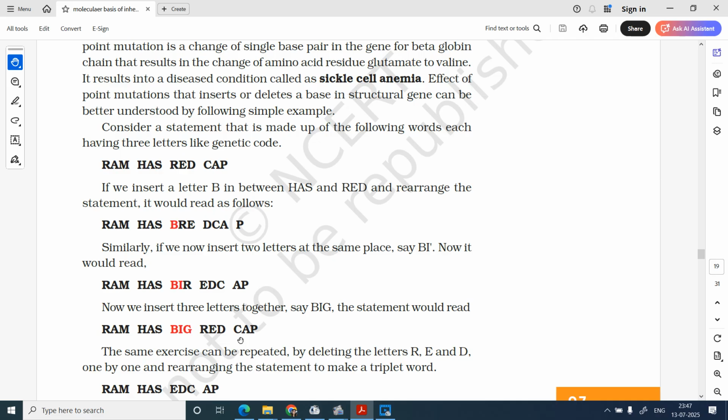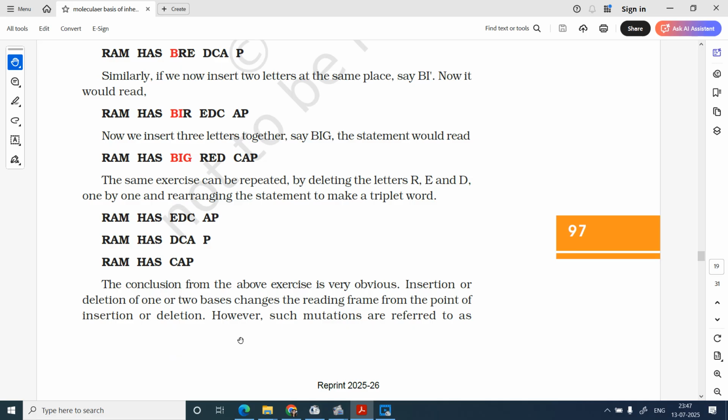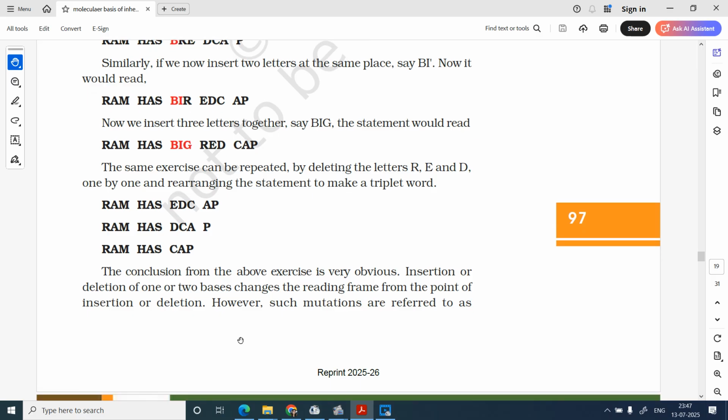Now we insert three letters together, say BIG, the statement would be Ram has big red cap. The same exercise can be repeated by deleting the letters of RED one by one and rearranging these statements to make triplet words: Ram has EDC AP, Ram has DCA P, Ram has CAP.